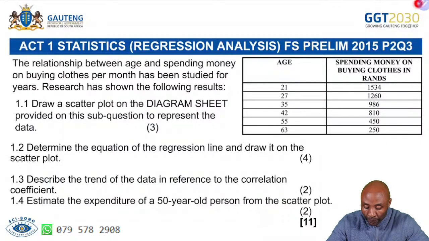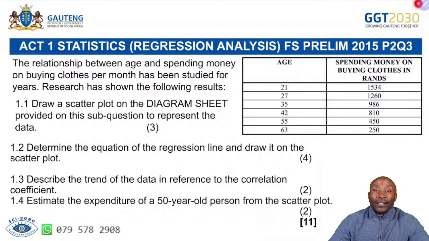Age 42, they spend on average 810 rands. Age 55, they spend on average 450 rands. Age 63, they spend 250 rands. We draw our scatter plot.